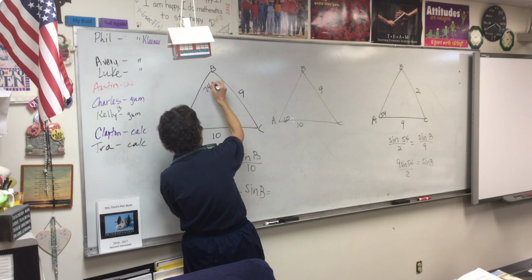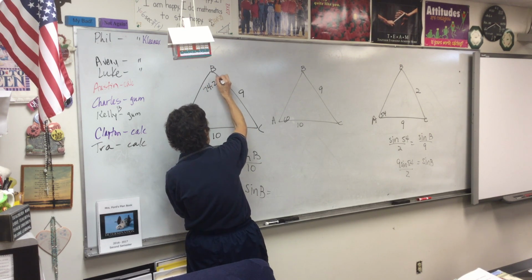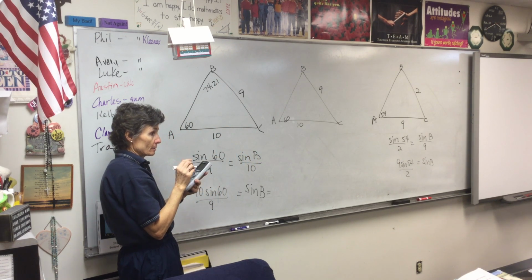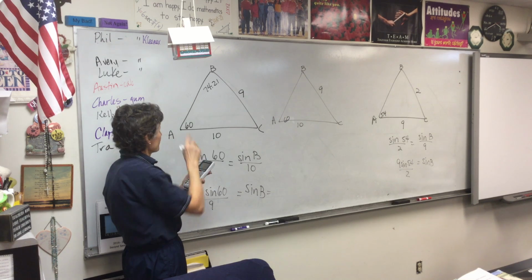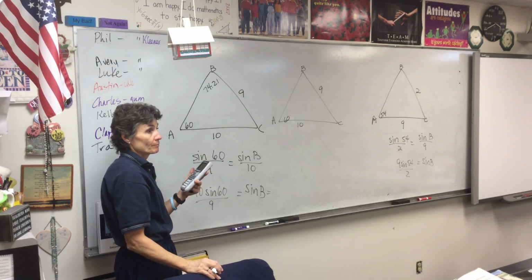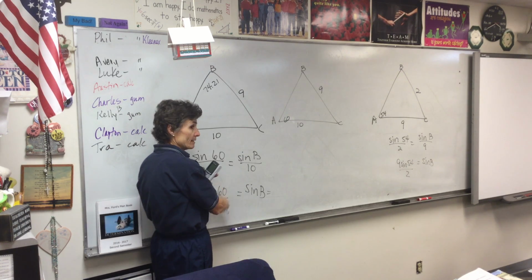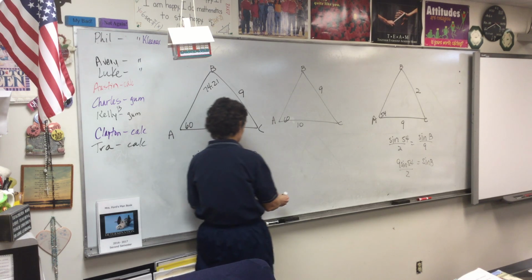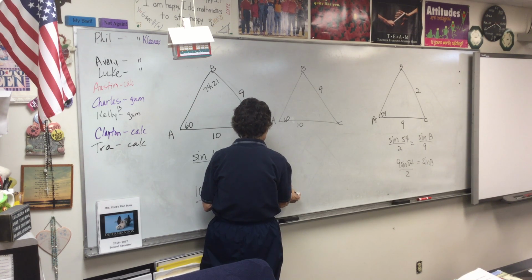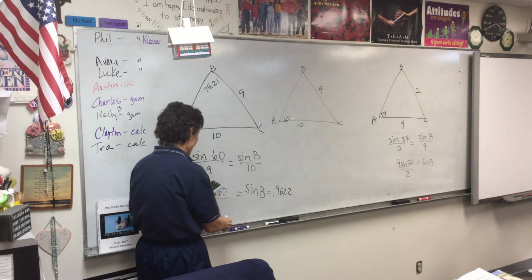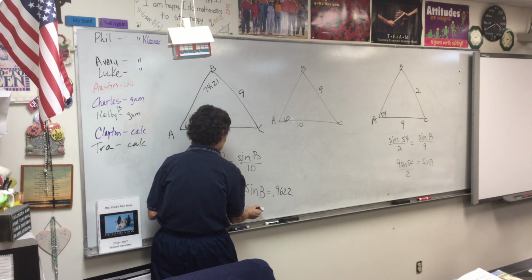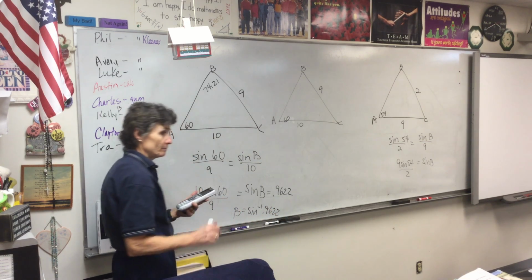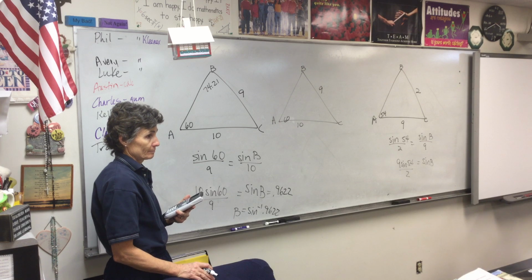For my first angle B, I got 74.21. Did you? So I typed this in, got a decimal, which was 0.9622, and then I second signed that. And did you get something different? 74 point.